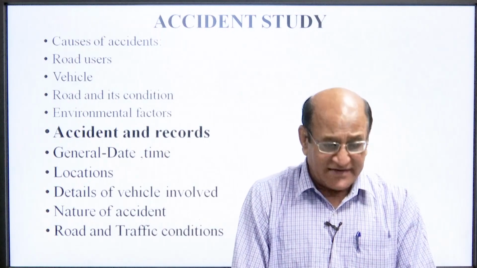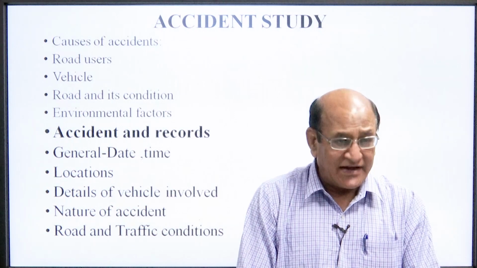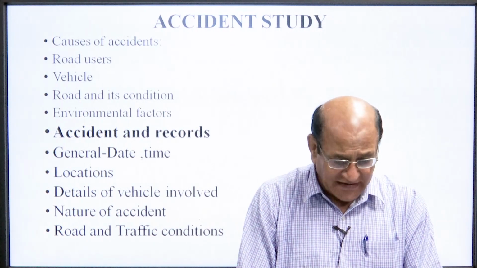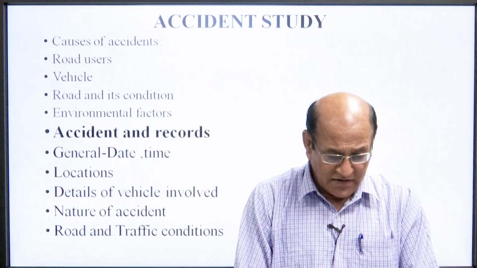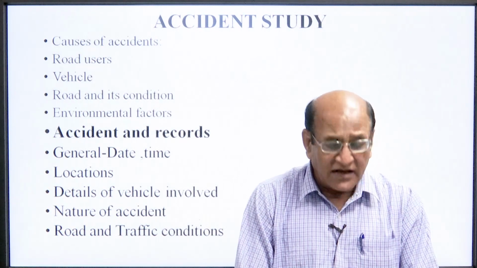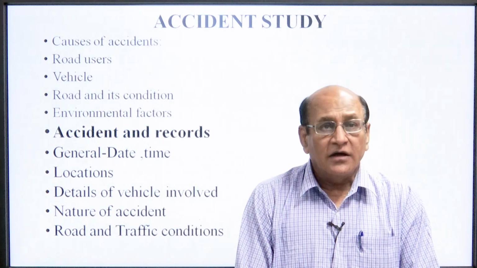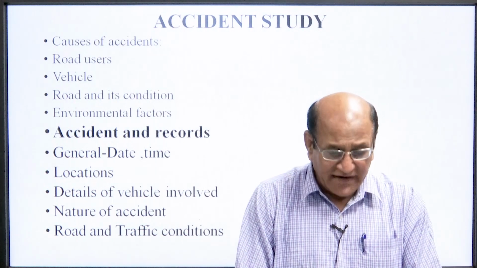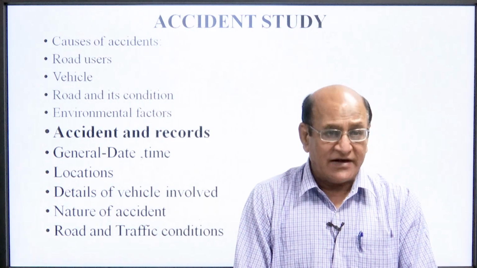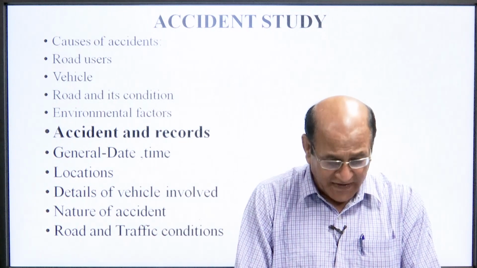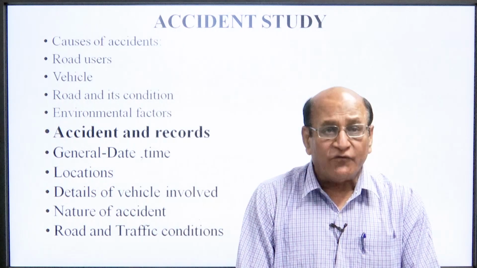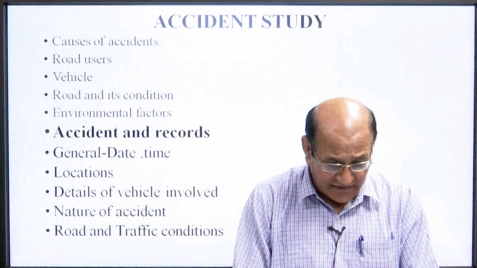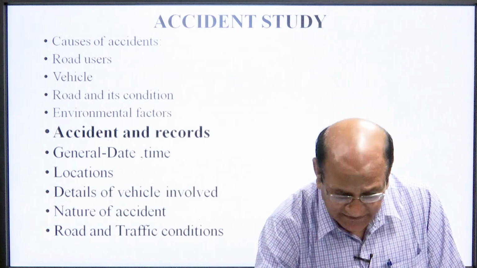The causes of accidents are road users, vehicles, the road and its condition, and environmental factors. In accident records, the general records mention the date, time, location where it happened, details of the vehicles involved, the type of accident, and road and traffic conditions.